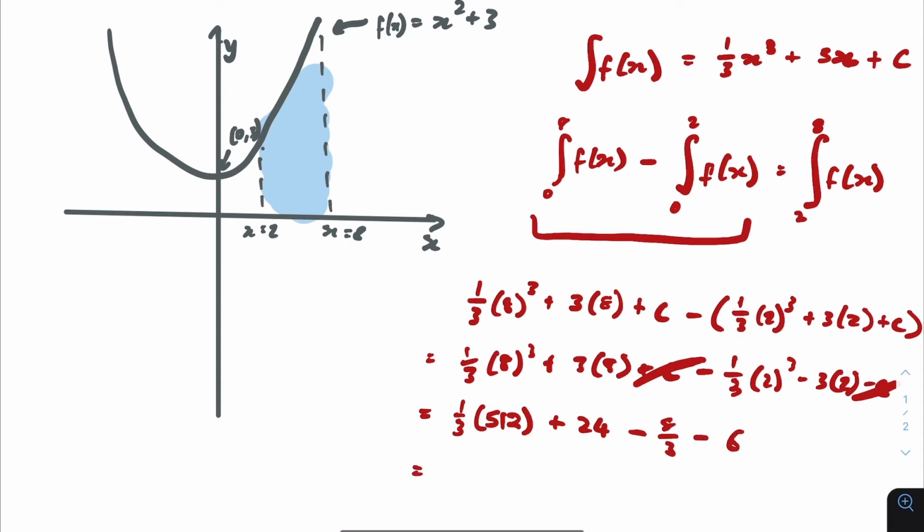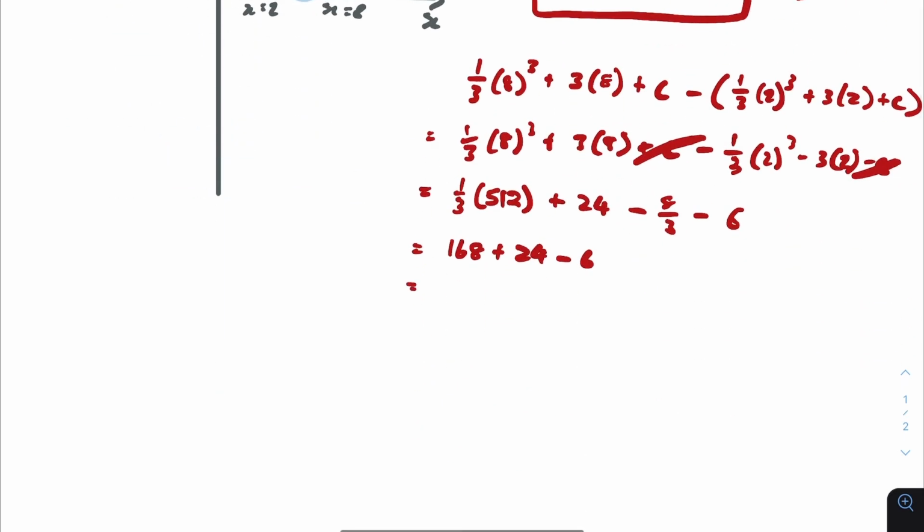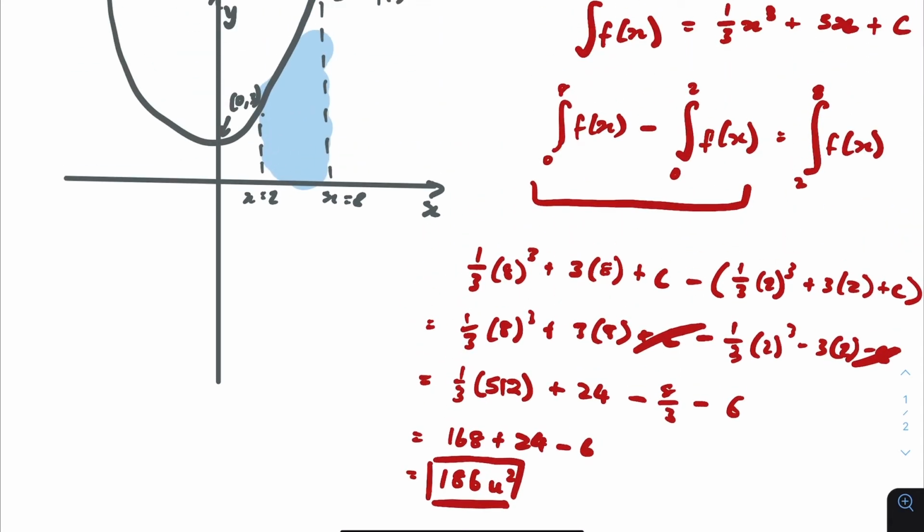So 512 over 3 minus 8 over 3, because we're collecting the like denominators, gives us 168 plus 24 minus 6, which gives you 186 units squared. So that's the area underneath the curve x squared plus 3 in between the x-axis and these two lines.